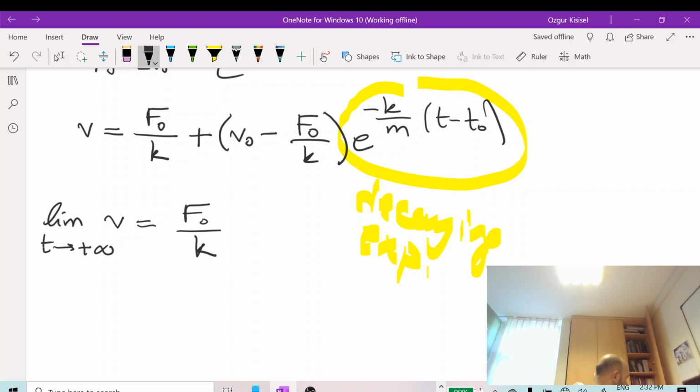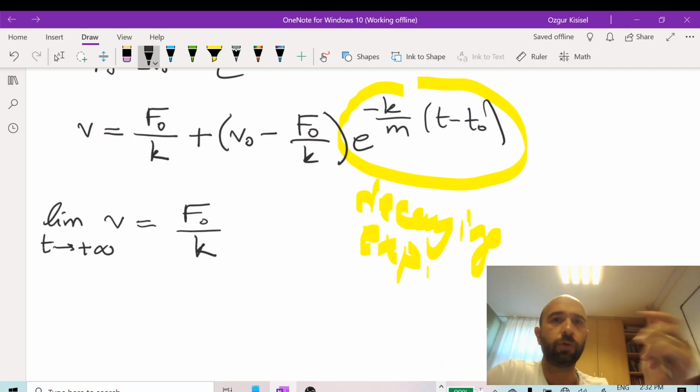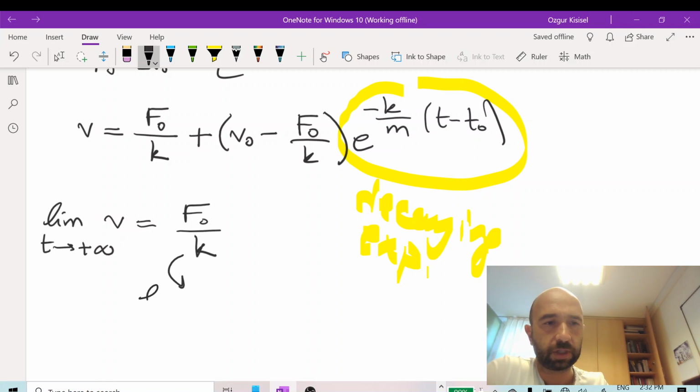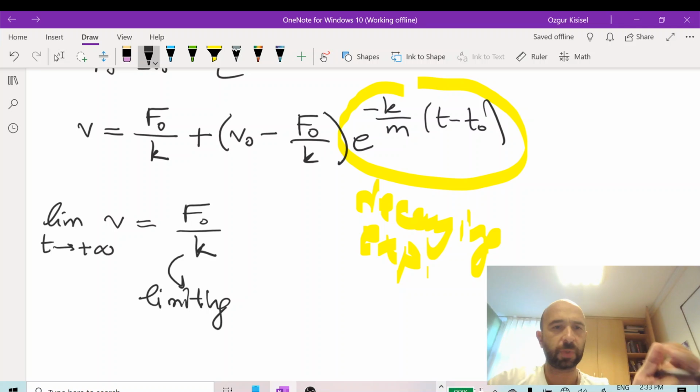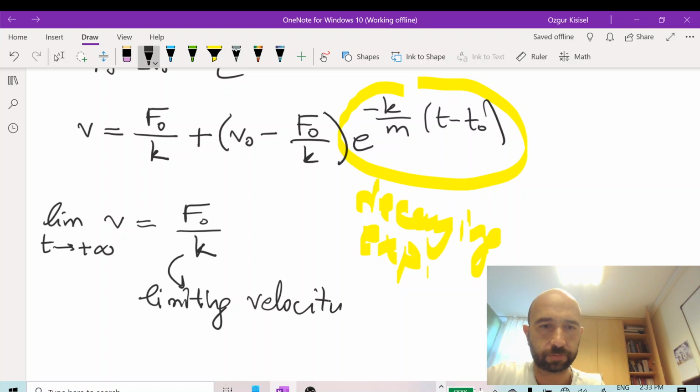So you have a fixed limit, and this is called the limiting velocity. Okay, so this F0 over k is the limiting velocity.